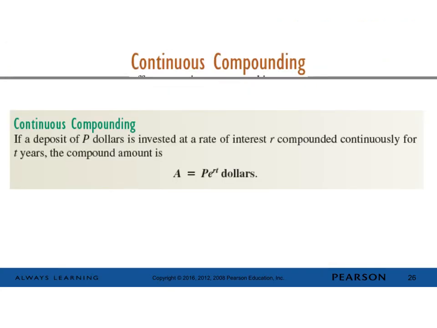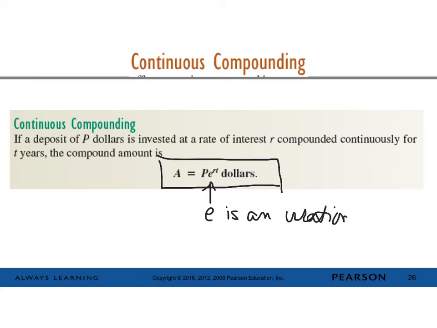The continuous compounding formula is the future value is equal to the present value times the number E. E is an irrational number, like pi.